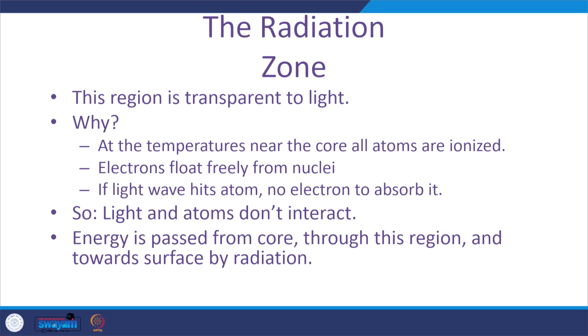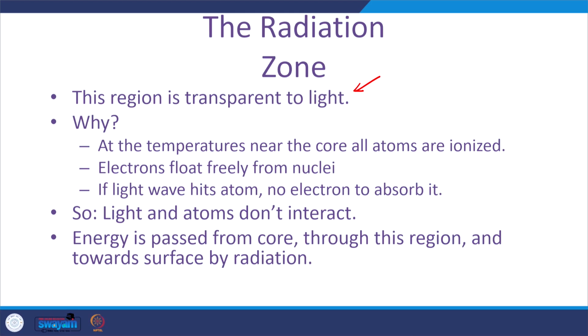and then we will talk about the atmosphere as well. So the radiation zone, this region is transparent to light. What does it mean? A medium becomes transparent when the medium is not able to absorb any of the incident radiation that is passing through it. That's the basic definition of transparency.